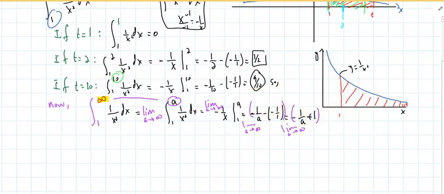What would that be? From chapter 6.8, we did infinite limits. Wouldn't that be 0? That will be 0 plus 1, which is 1. Which means this infinite area is equal to 1. How could an infinite area equal 1?